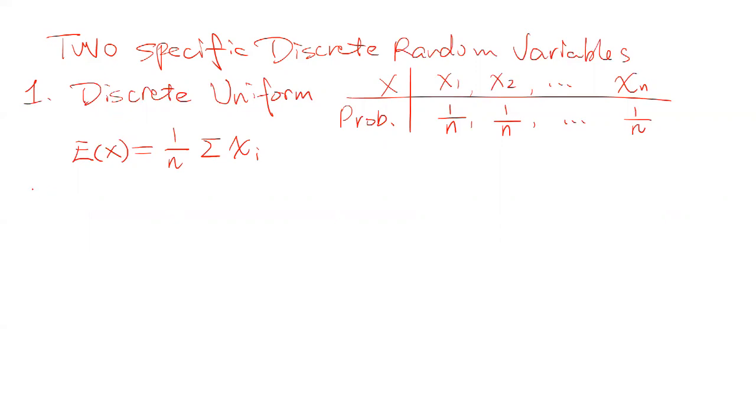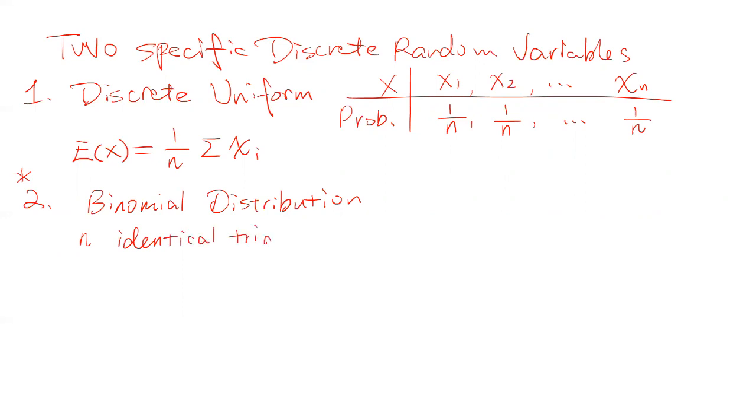This is a simple distribution, actually. The second one is a key one, which is the binomial distribution. What conditions make X follow a binomial distribution? There are 4 conditions. First, we conduct n identical trials.